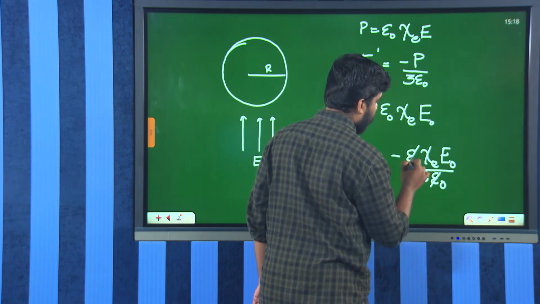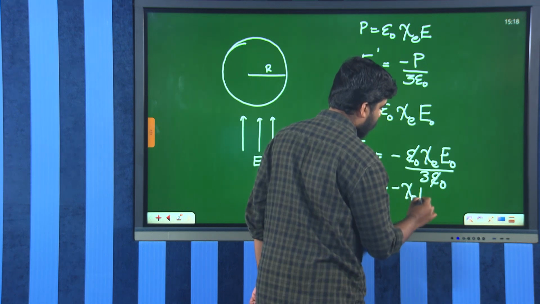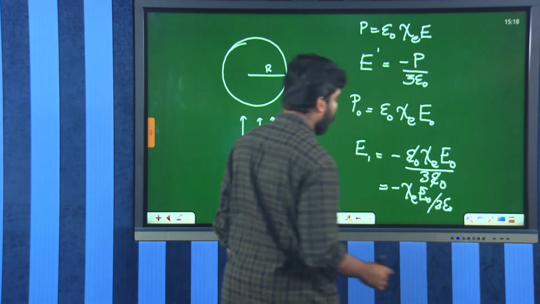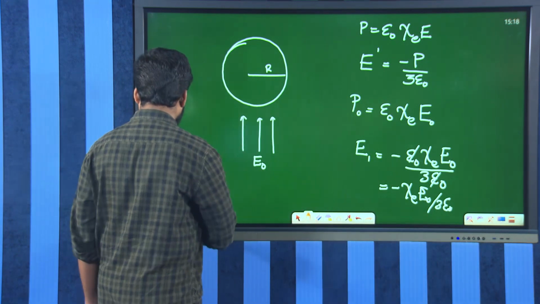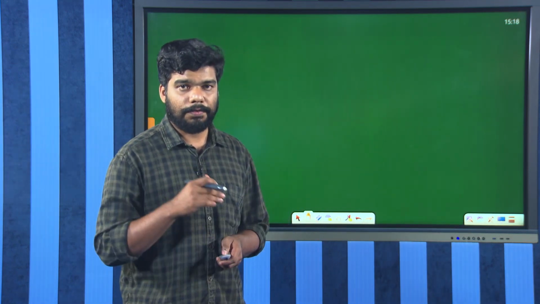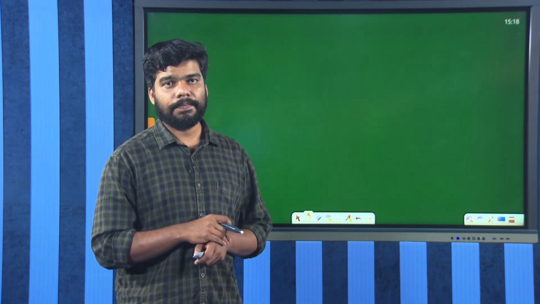This epsilon 0 and this epsilon 0 will cancel, and the remaining will be minus chi e E0 by 3. So we have E1 is equal to minus P0 by 3 epsilon 0, and substituting for P0 we obtain minus chi e into E0 by 3.